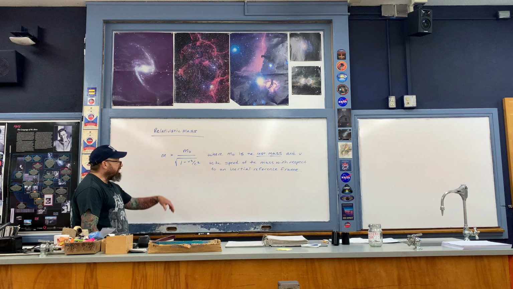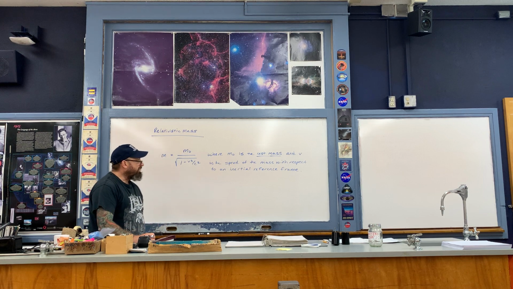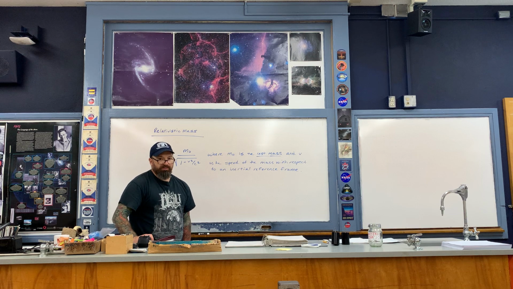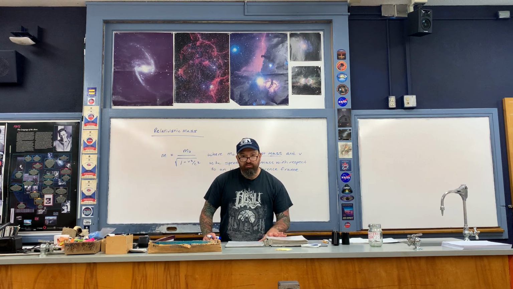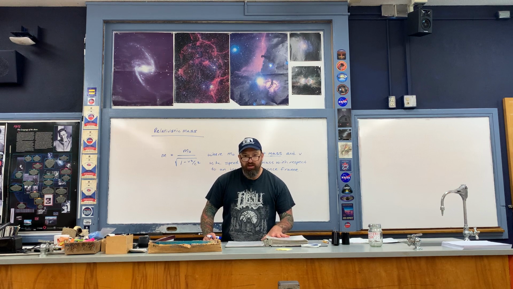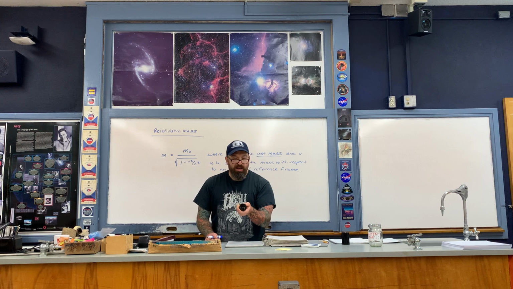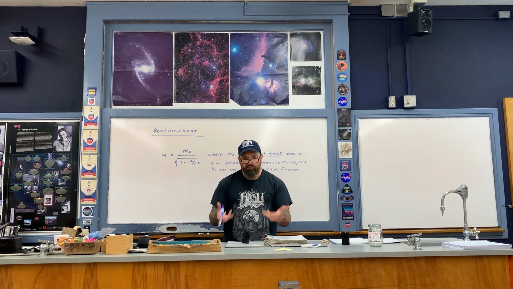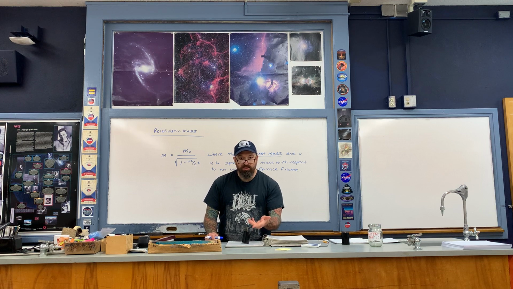The relativistic mass itself is referred to as m, and in the numerator of the expression we have a quantity called m naught, which is referred to as the rest mass. The rest mass is the mass of the object if it is at rest with respect to an inertial reference frame. So for example, this 1 kilogram object that I have right here is at rest relative to me, therefore its mass is the mass m naught.